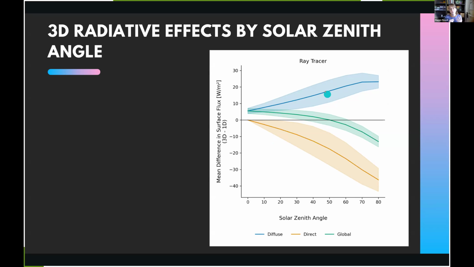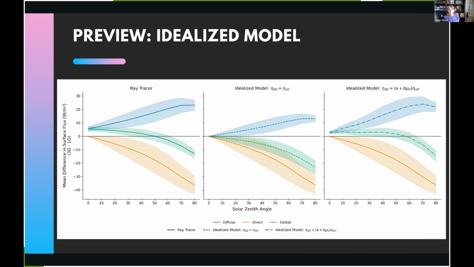And the diffuse radiation also gets higher in terms of the net effect because there's more scattering and more intercepted sunlight in the 3D scene. But as the sun gets lower, ultimately that shadow stretching wins out and the net effect changes in sign from positive to negative.